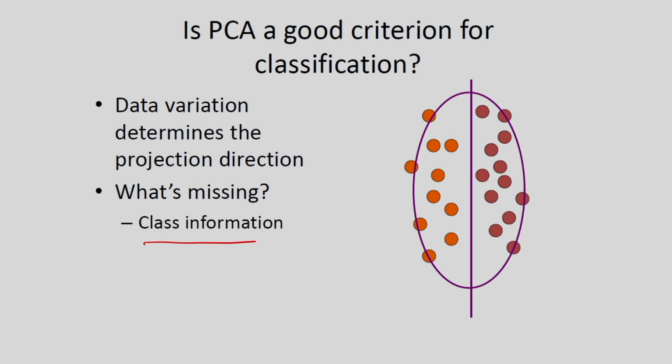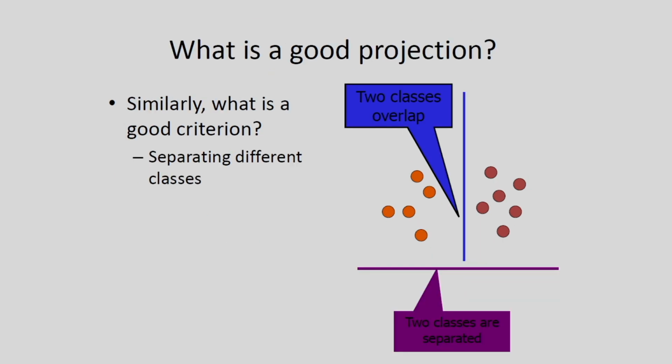We consider the eigenvectors, that means we want to find the directions of greatest variation, so we find the eigenvectors of the covariance matrix. But the class information is missing in PCA. So in PCA, the eigenvectors are the direction of the projection.